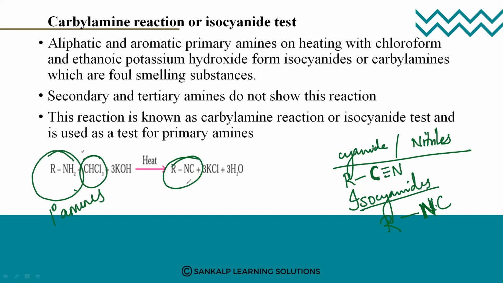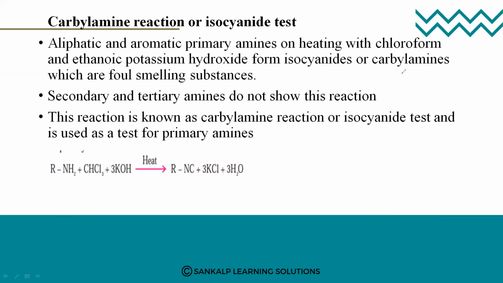These are foul smelling substances, very bad smelling. Here the connecting atom is nitrogen, so the NC bond is the isocyanide bond, and we obtain carbalamine. Secondary and tertiary amines do not undergo this type of reaction. Only primary amines will form the carbalamine.